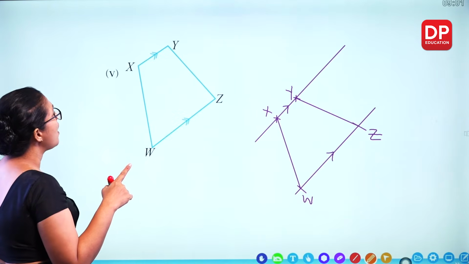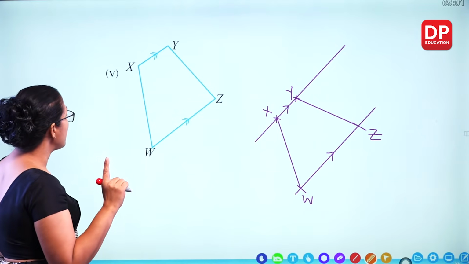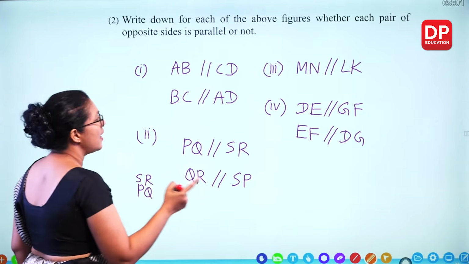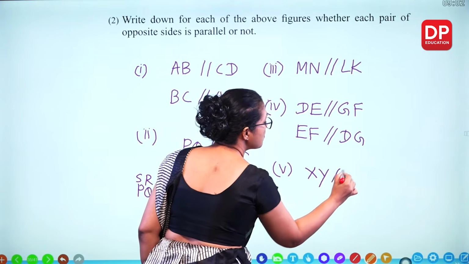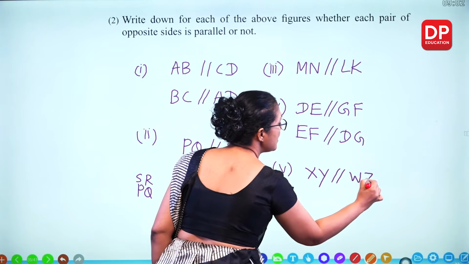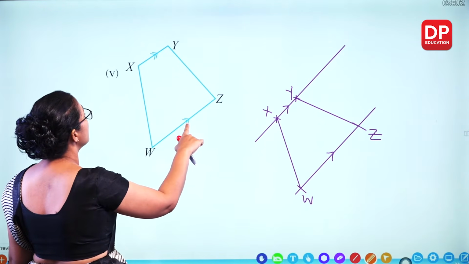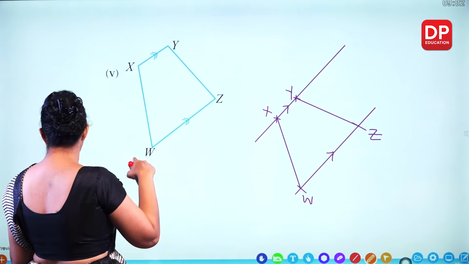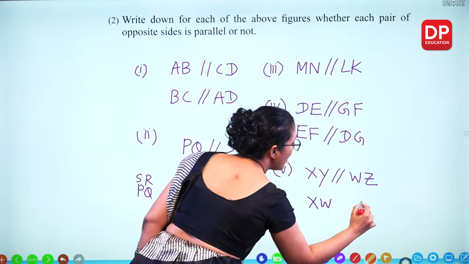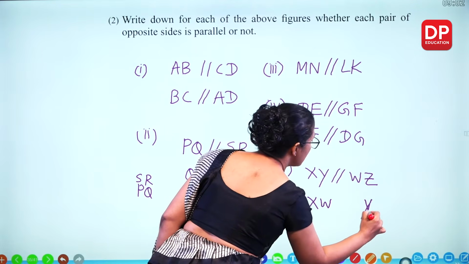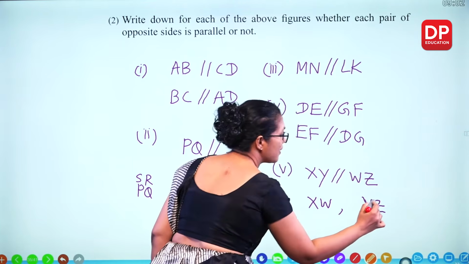Then the fifth one is a trapezium again, XYZW. XY is parallel to WZ here, but we can say XW and YZ not parallel.